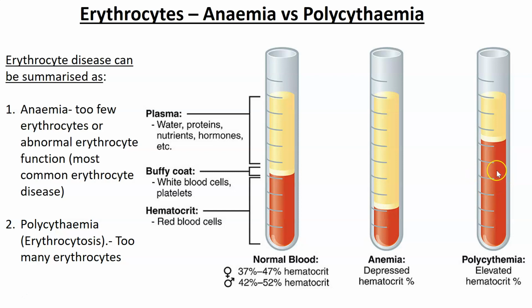When you do multiple blood tests, maybe a week after, maybe a month after, and they're still quite high, then it could indicate polycythemia, and that could indicate some kind of disease.